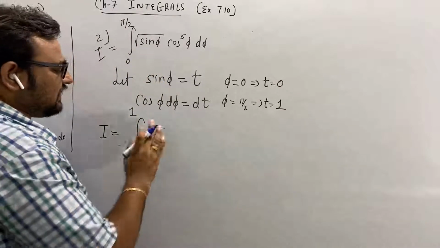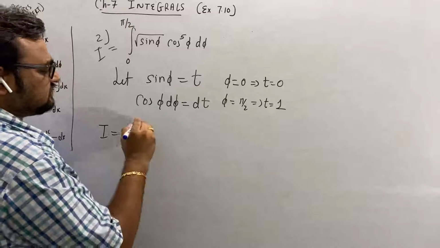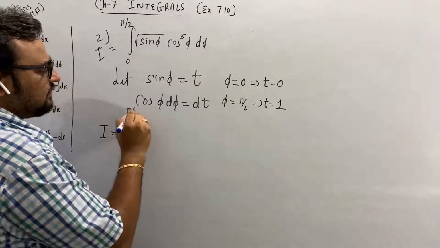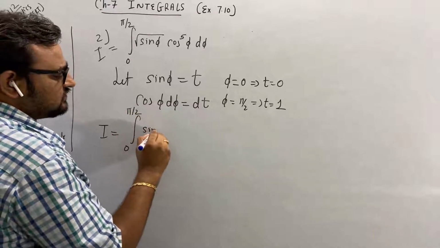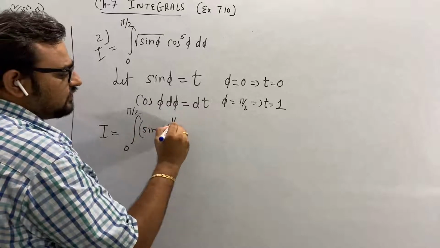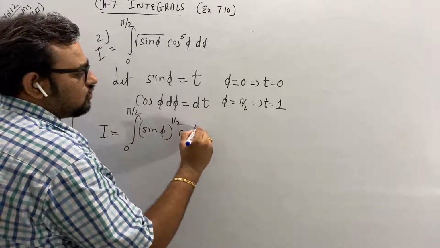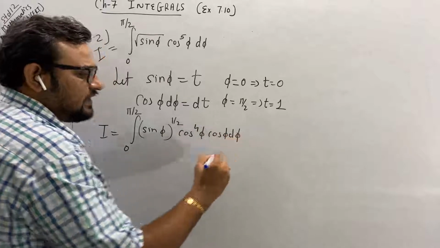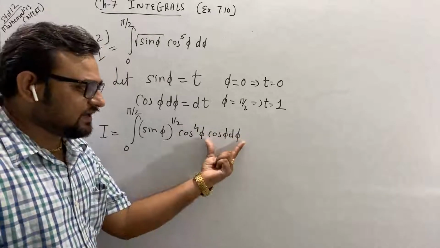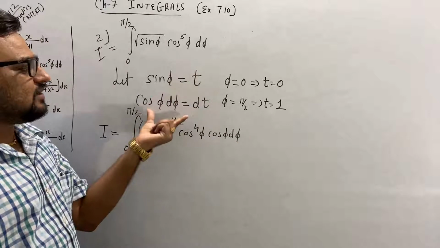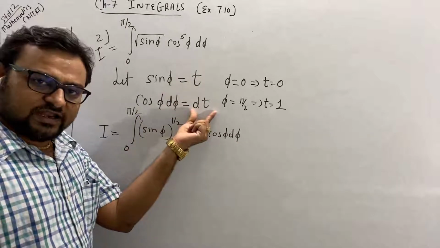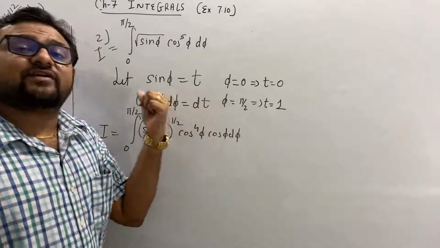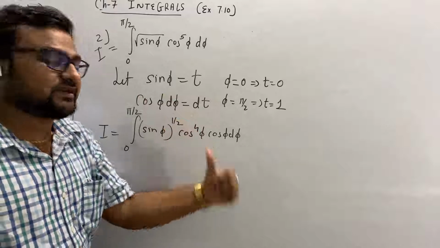Or else, first let me rearrange: integral from 0 to pi by 2 of sine phi raised to 1 by 2, cos raised to 4 phi into cos phi d phi. I have separated this cos phi because I have cos phi d phi equal to dt. So now I will replace it with t.